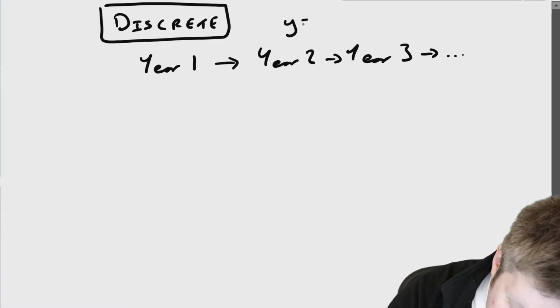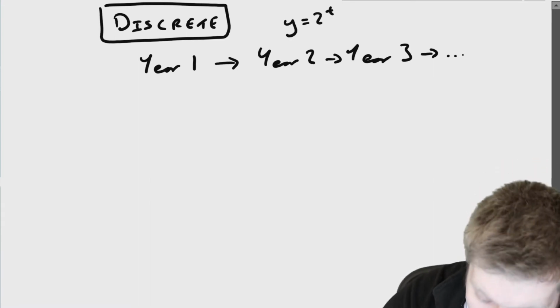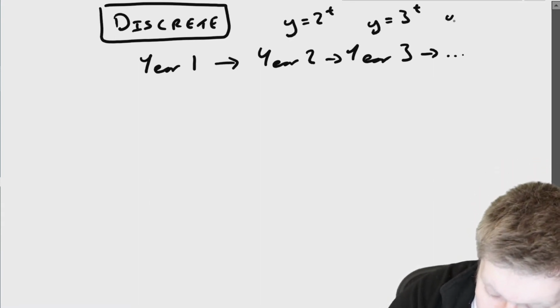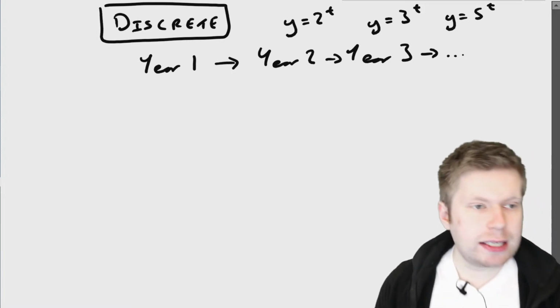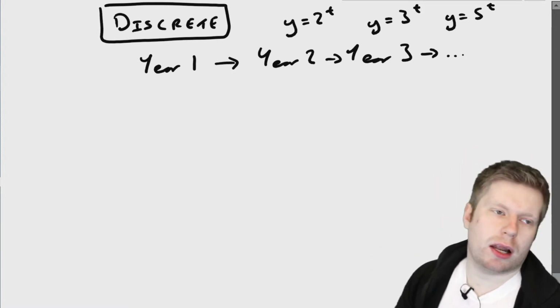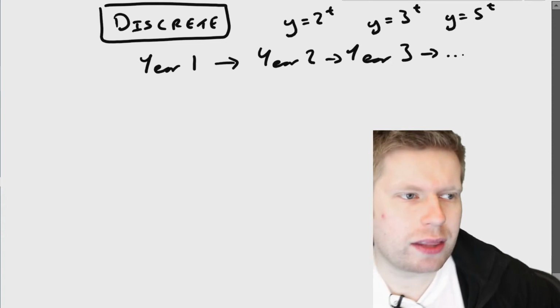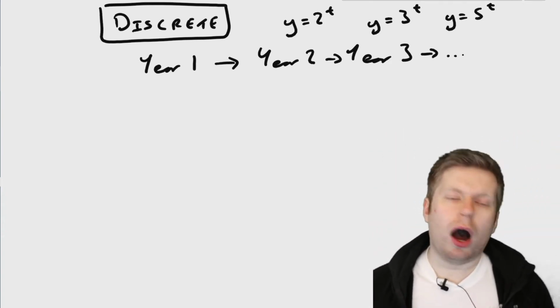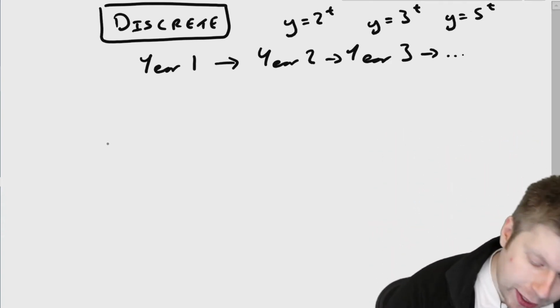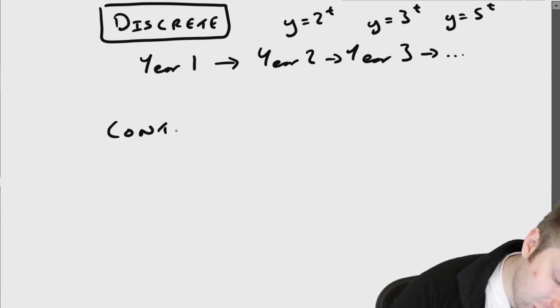And this is where y equals 2 to the power of t is a good model, or y equals 3 to the power of t, or y equals 5 to the power of t, okay? So basically if you have some base which is like 2 or 3 or 5, that's where the discrete time intervals are well modeled.